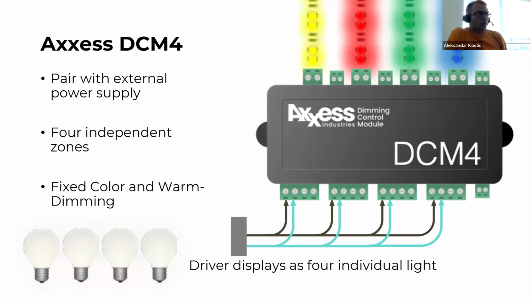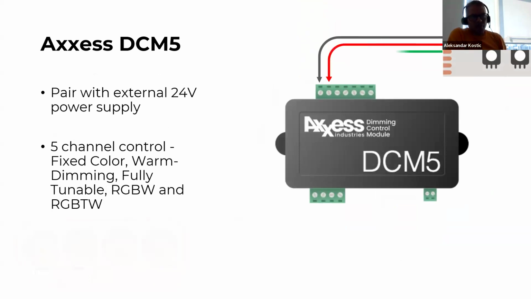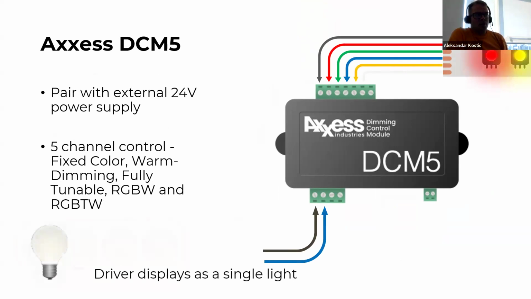Okay, and the last device for wireless control of LED tape is DCM5. DCM5 is intended to be used in projects where you have RGB LED tapes, which require at least four channels for a single LED tape.